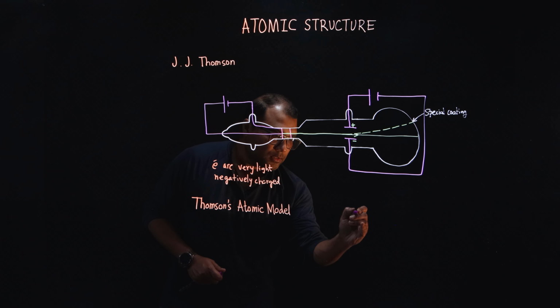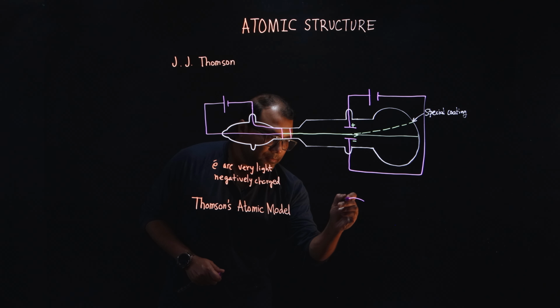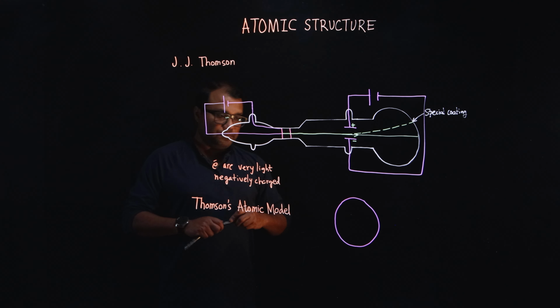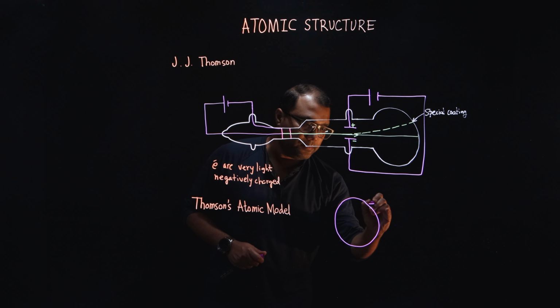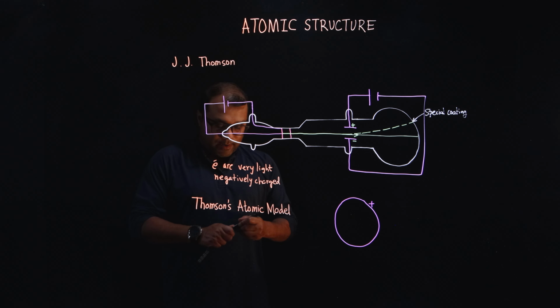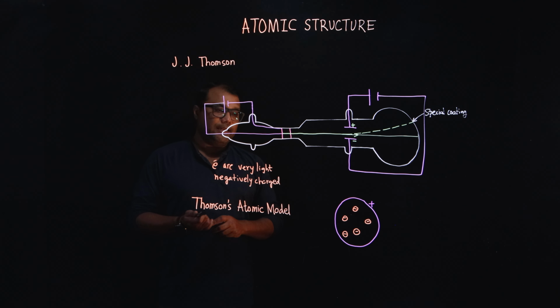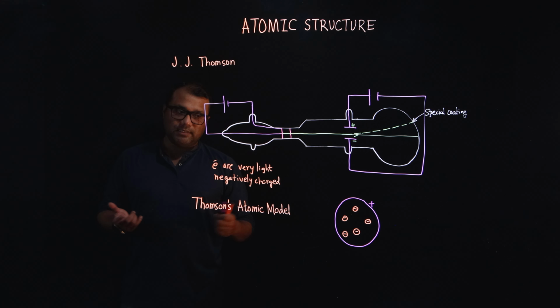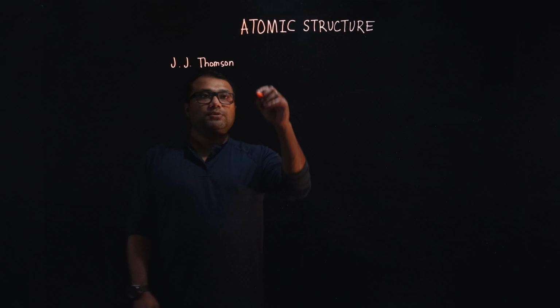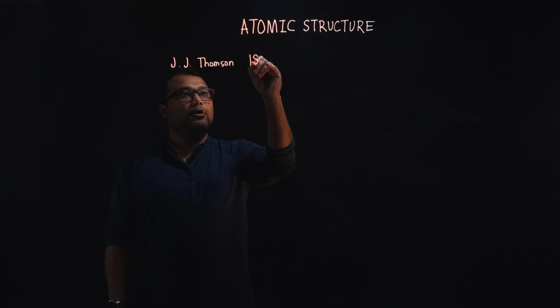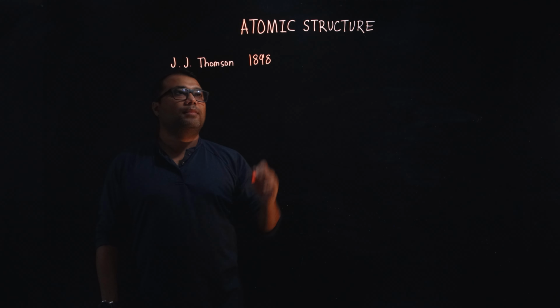Thomson proposed that the atom is a sphere which is positively charged, okay, and it held electrons inside the sphere which are negatively charged, so as to cancel out the positive and negative charges. So that's the reason atom is neutral. So Thomson proposed his atomic model in 1898.